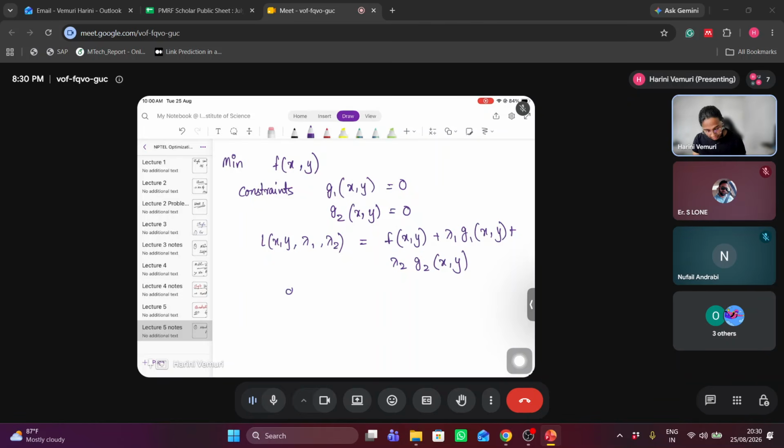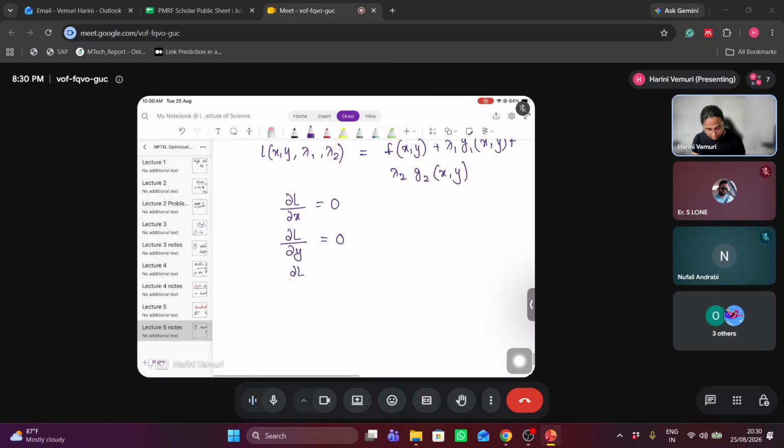The conditions are dou L by dou x equal to 0, dou L by dou y equal to 0, dou L by dou lambda 1 equal to 0, and dou L by dou lambda 2 equal to 0. See, we have four conditions and four variables, right? So using these conditions, we can get the values of lambda 1, lambda 2, and also x comma y where the partial derivative will be equal to 0.